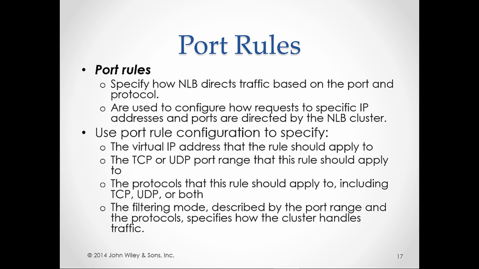So port rules. These rules specify how the NLB directs traffic based on the port and protocol being used. These are used to configure how the requests to a specific IP address and ports are directed by the cluster manager. That way you can set it so that it responds by round robin, or it sets it specific ways.